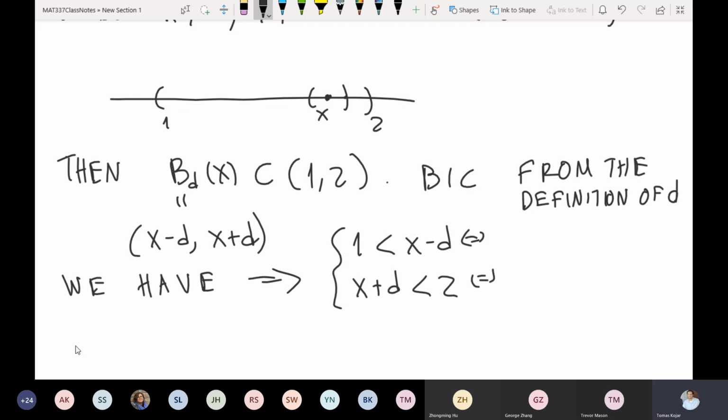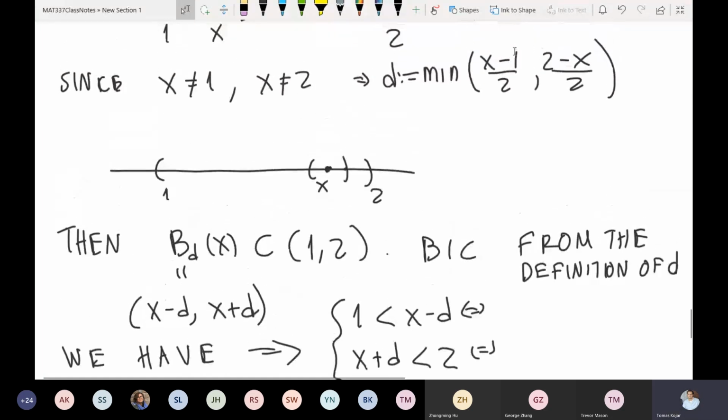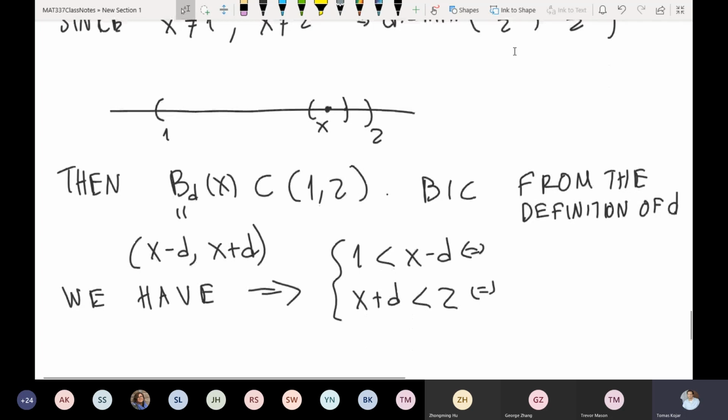So let's do this carefully. For the first one, this follows because you get 1 plus something, which is true. So I'll leave you to do the other one.